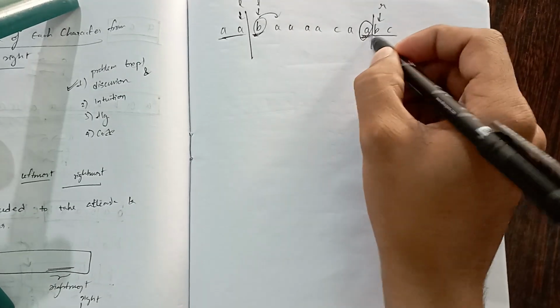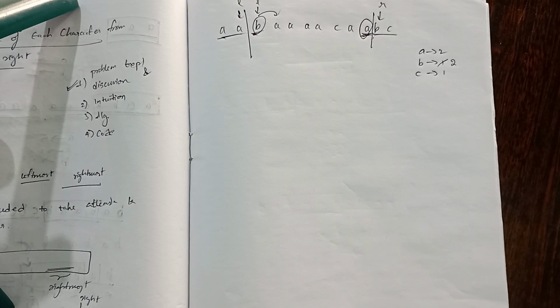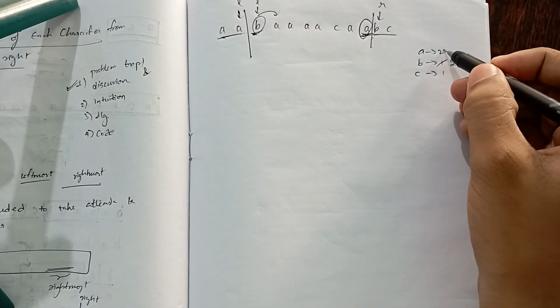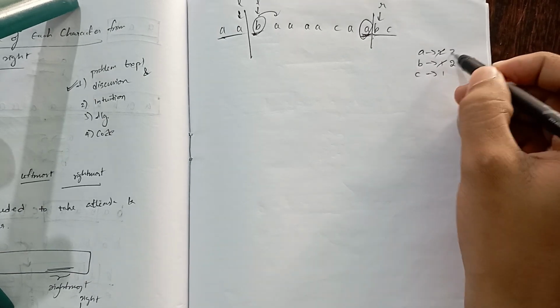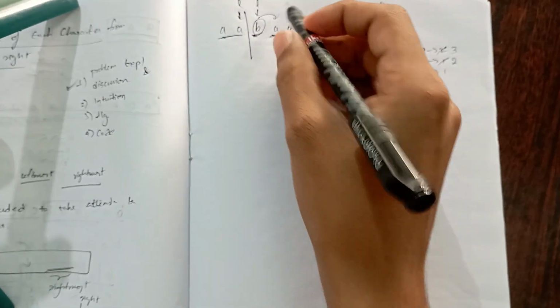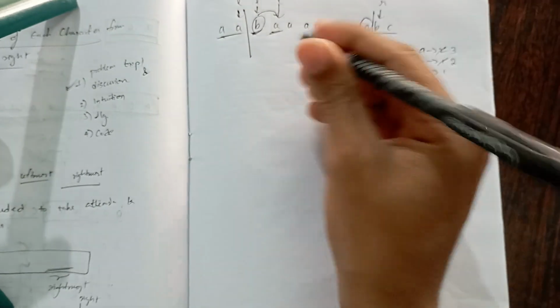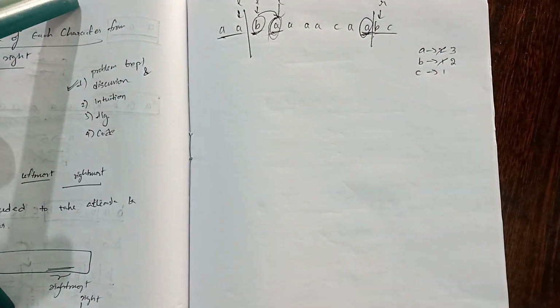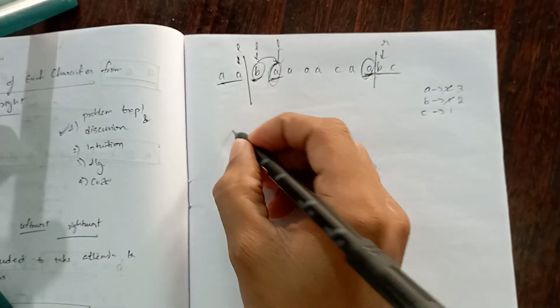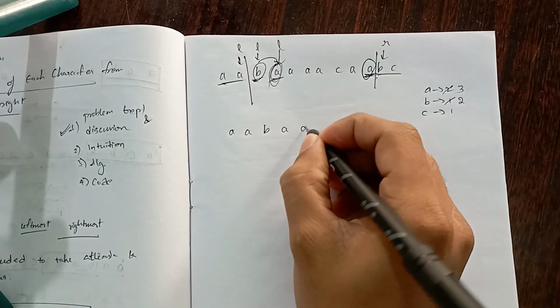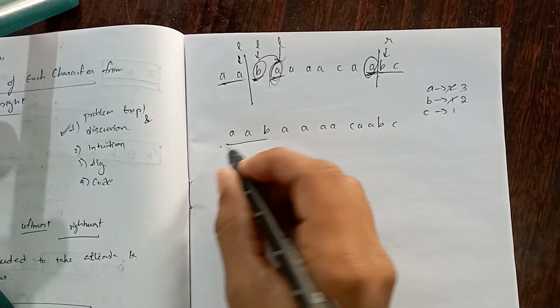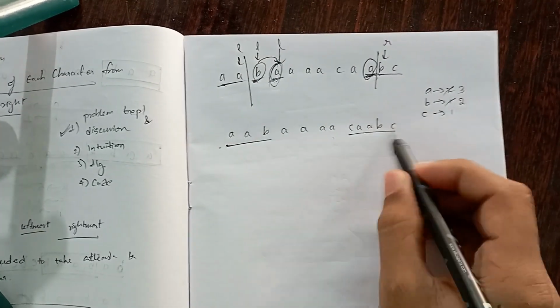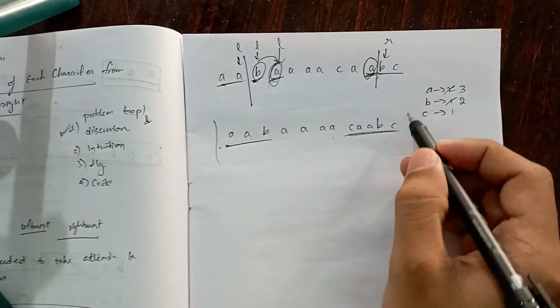But what about this character? Here we got another a. But if you think of going for this a, and we got here as the left pointer, what about this A? Should we consider it? No, we should not consider it. The answer here will be the first three characters from the left and the last five characters from the right.